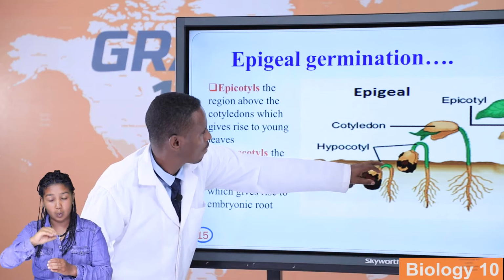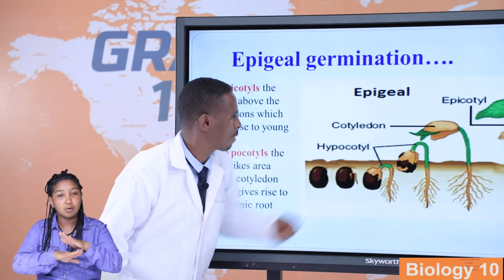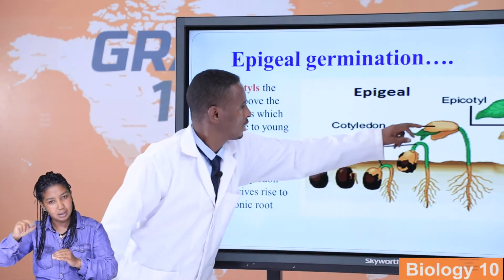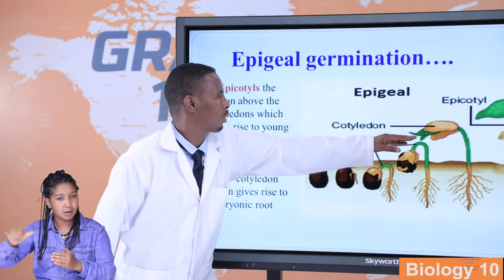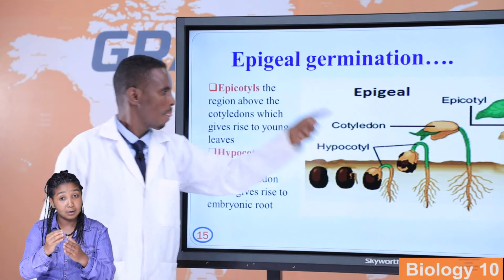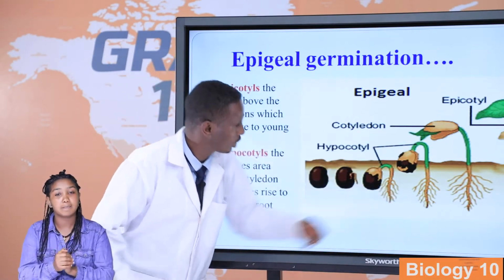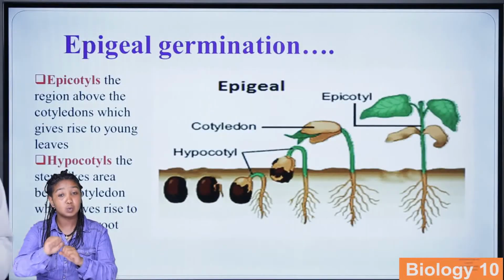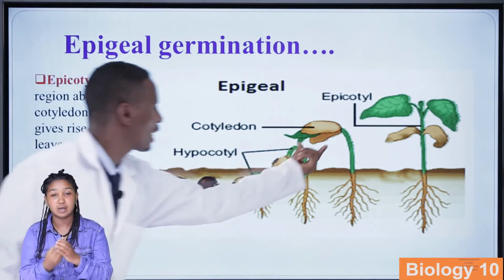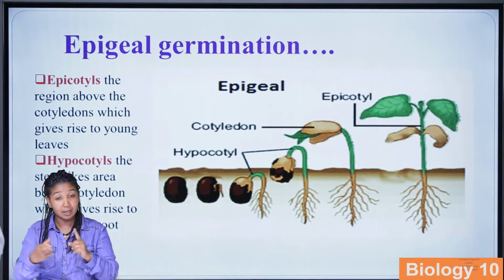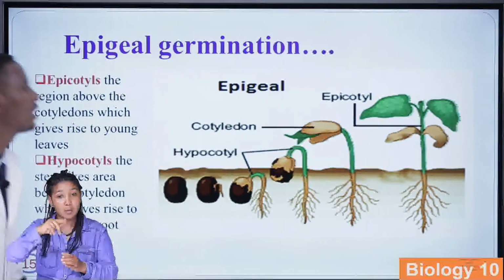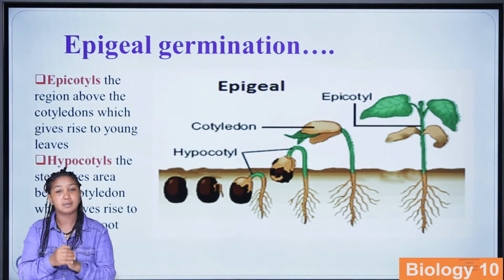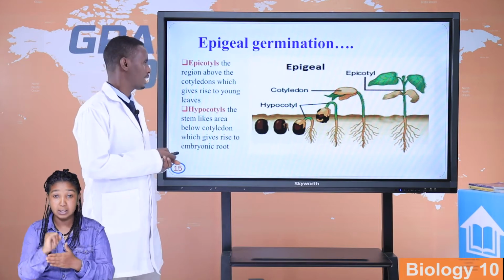This is the hypocotyl, below the cotyledon. Above the cotyledon is the epicotyl, which gives rise to the shoot system, and the hypocotyl gives rise to the root system. So the elongation of the hypocotyl makes the cotyledon go above the ground. This is epigeal germination.